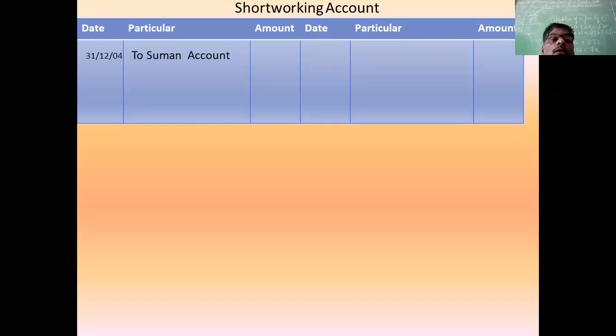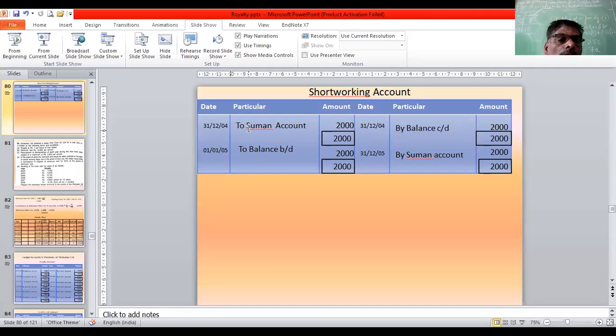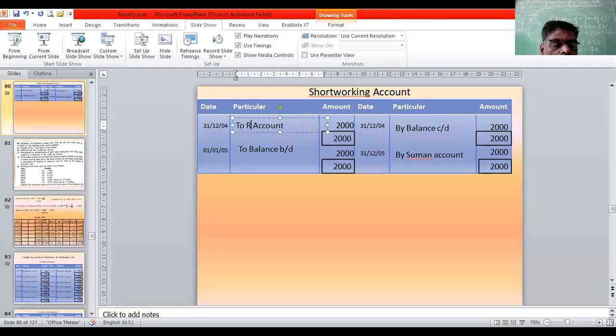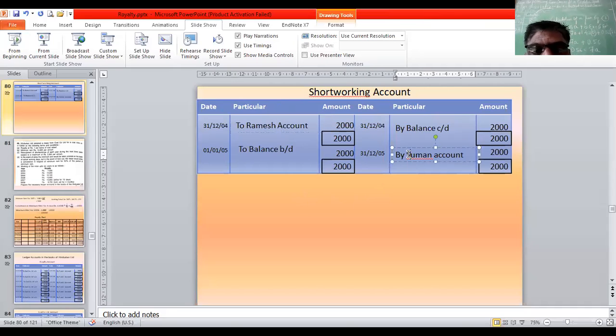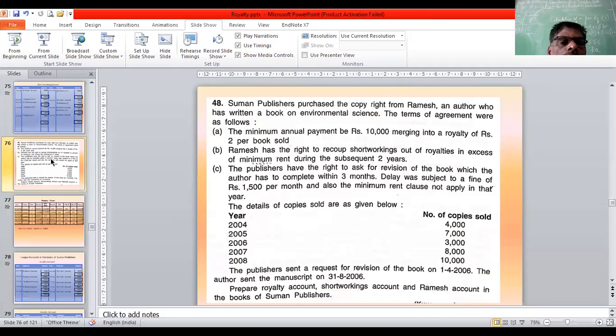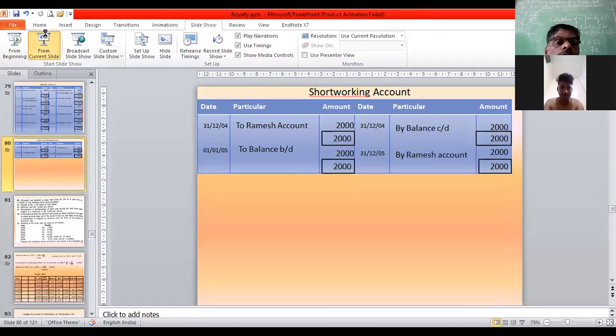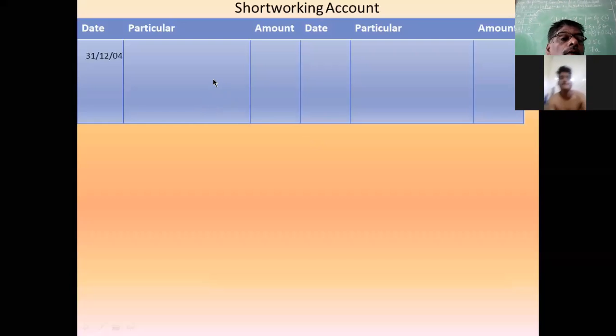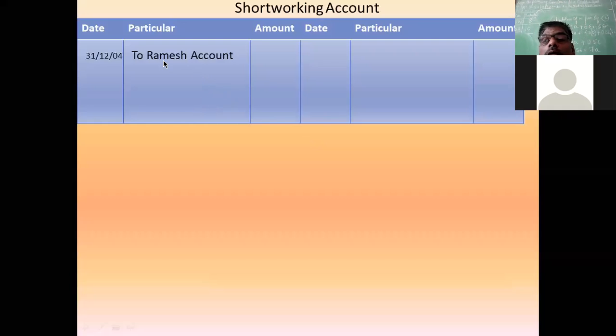In the short working account, first year end date, to Ramesh, author name.